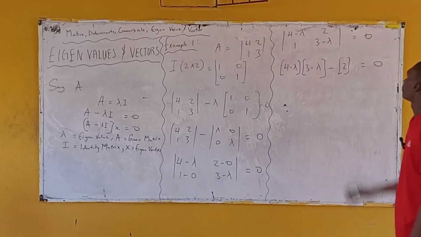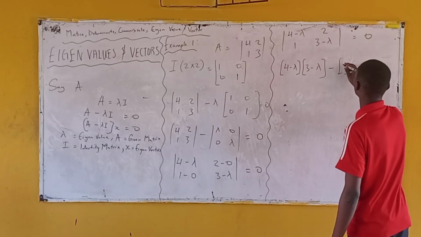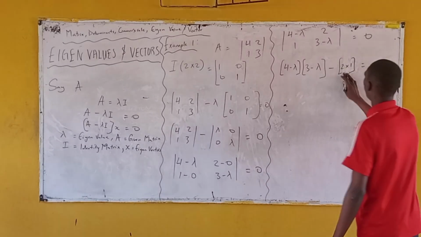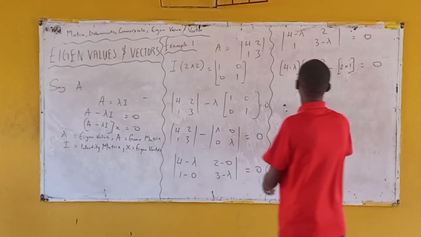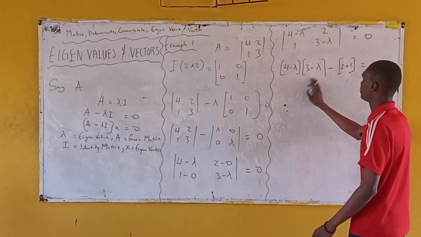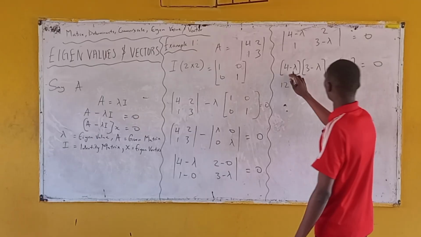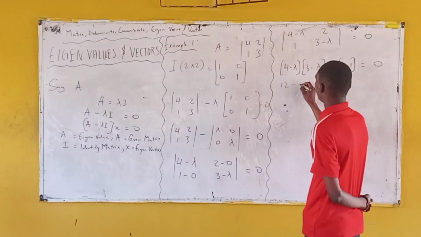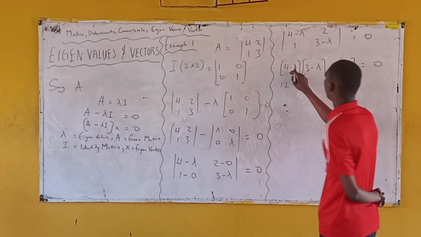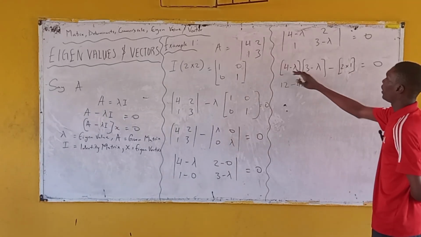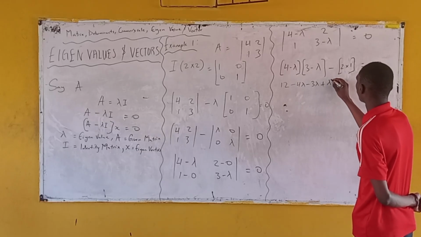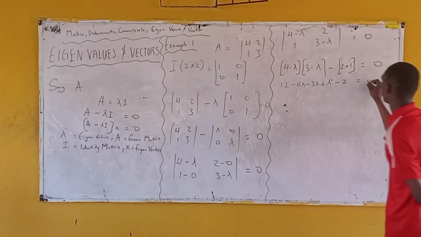Are we together? Okay, 2 times 1. Are we sure? Alright. So 4 times 3 is 12, we can expand. 4 times minus lambda is minus 4 lambda. Minus lambda times 3 is minus 3 lambda plus lambda square, minus 2 equals 0.